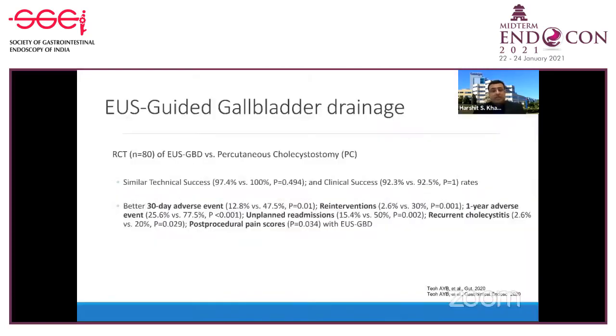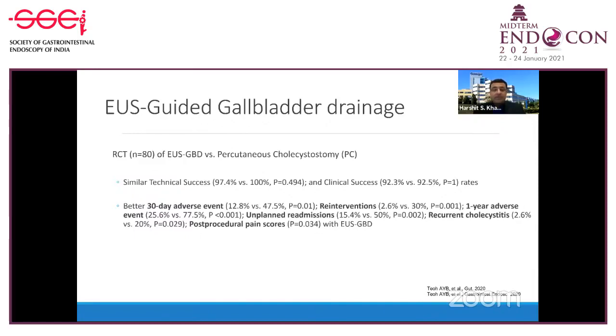EUS-guided gallbladder drainage has been extensively studied over the past decade. There was an RCT of 80 patients in which patients were randomized to endoscopic ultrasound-guided gallbladder drainage versus percutaneous cholecystostomy. The technical success rate was upwards of 97%, and the clinical success rates were similar between the two modalities.